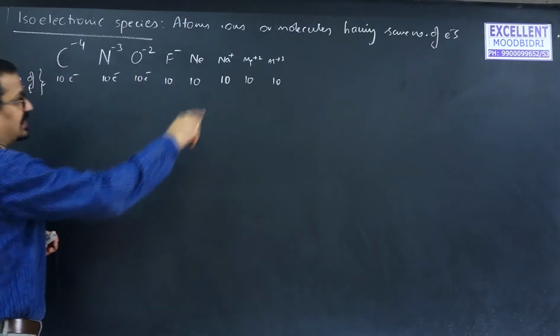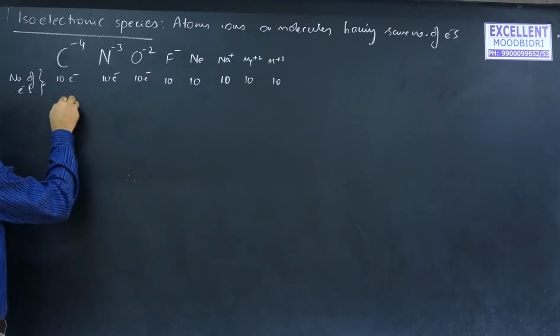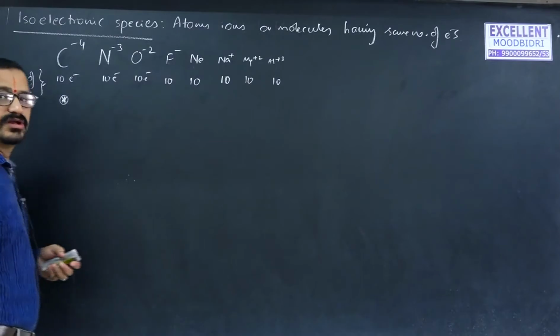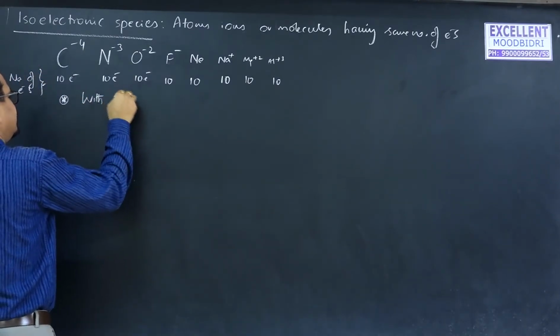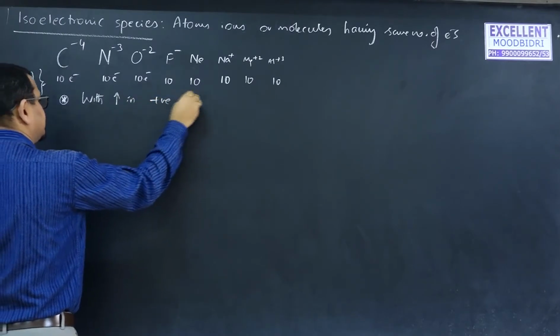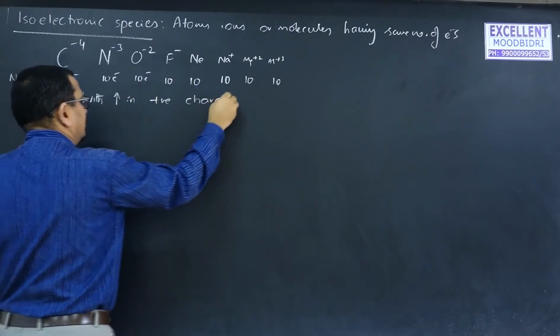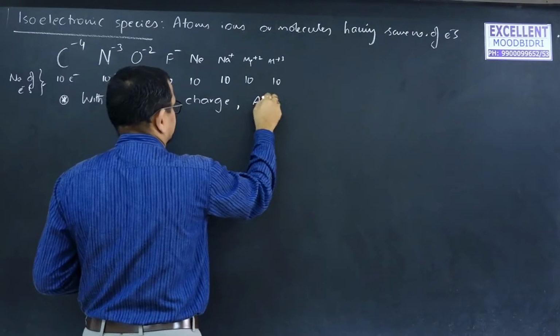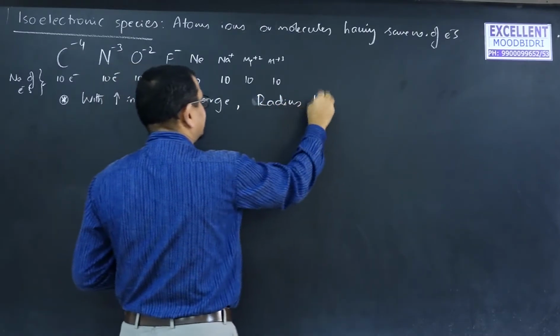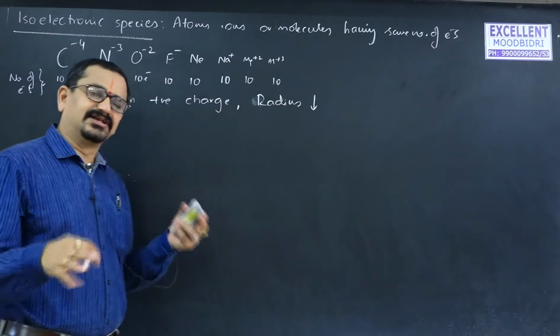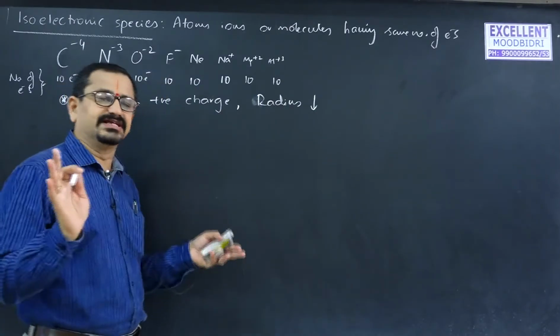So, among isoelectronic species, I can give you two lines to identify the larger and smaller one. With increase in positive charge, radius decreases. It may be any radius, atomic radius or ionic radius, whatever it is.